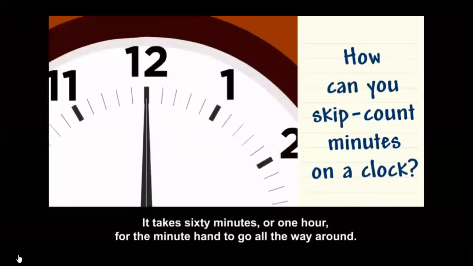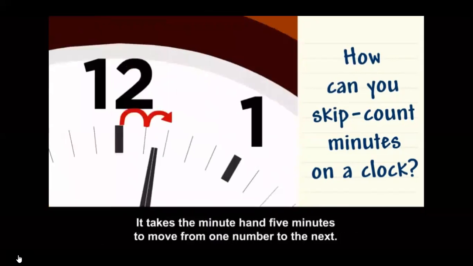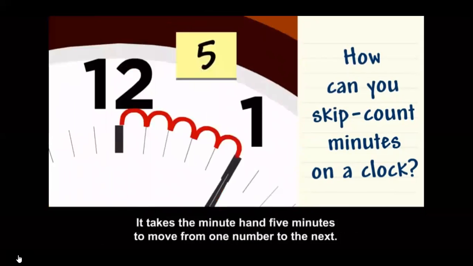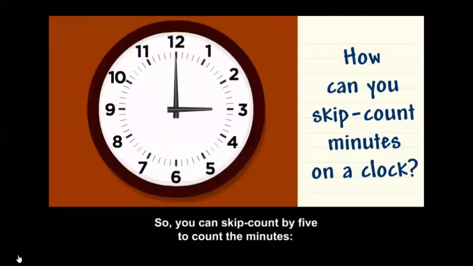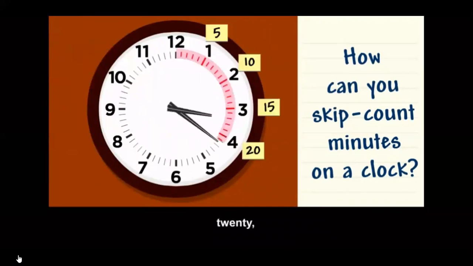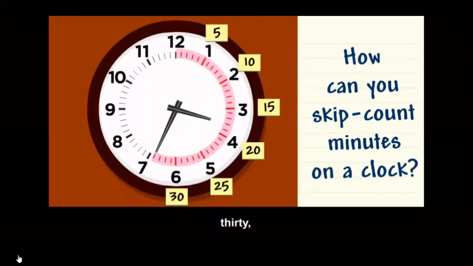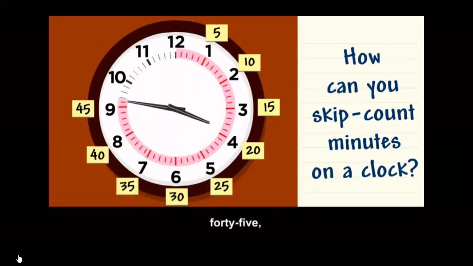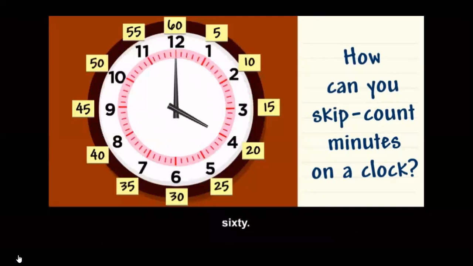It takes the minute hand 5 minutes to move from one number to the next. So you can skip count by 5 to count the minutes. 5, 10, 15, 20, 25, 30, 35, 40, 45, 50, 55, 60.